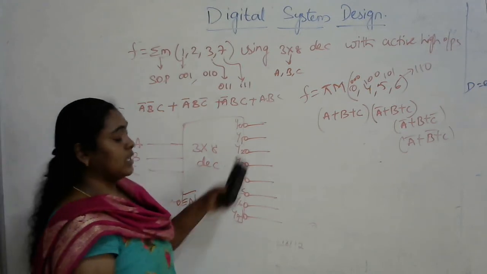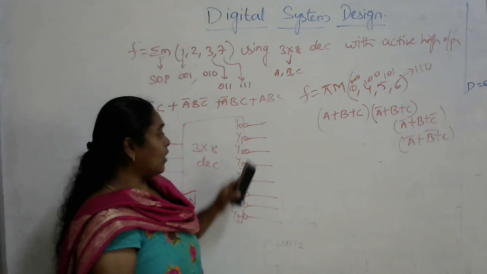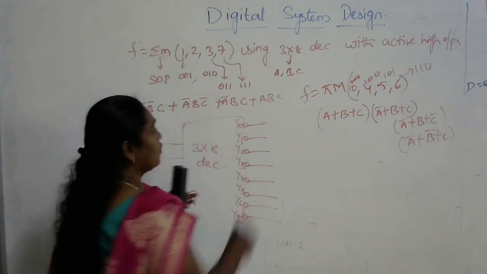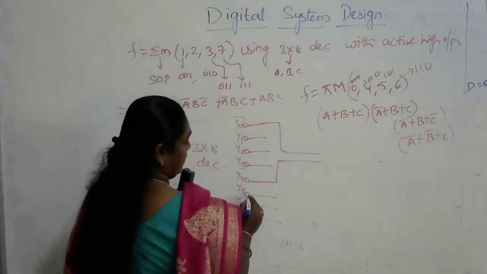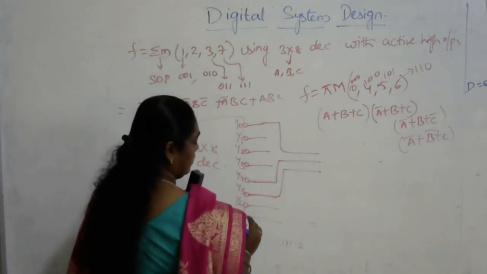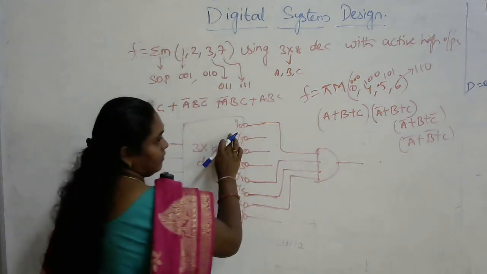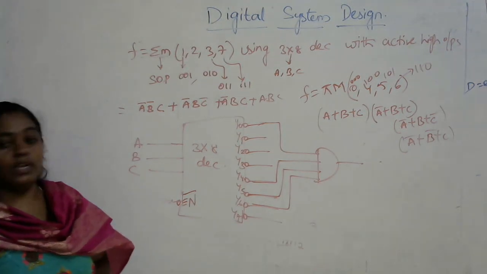In the previous case, all these were connected towards an OR gate. Whenever the outputs are active low, connect these 0, 4, 5 and 6 with an AND gate. If it is active high, connect with an OR gate. If it is active low, connect with an AND gate.